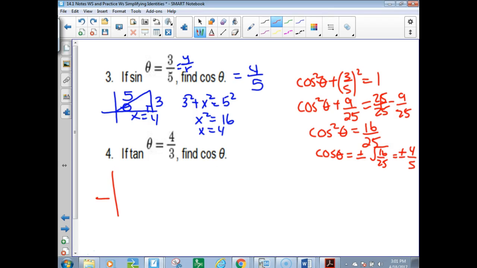Okay, but I'm back to quadrant 1. Tangent is y over x. So y is 4, x is 3. Cosine is x over r. So I'm going to need to find that hypotenuse there.